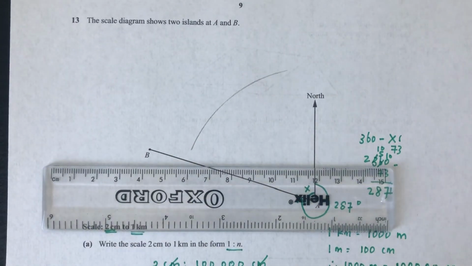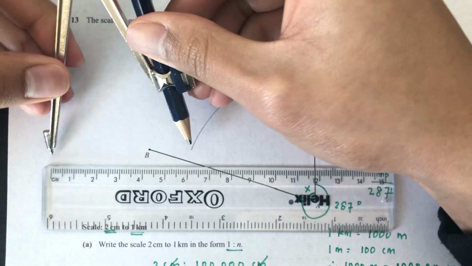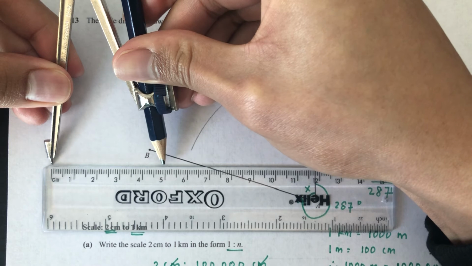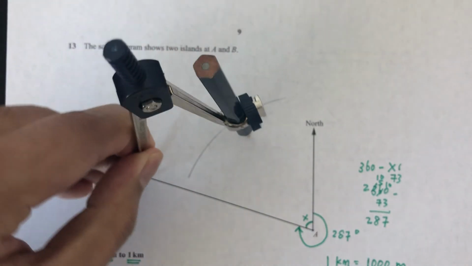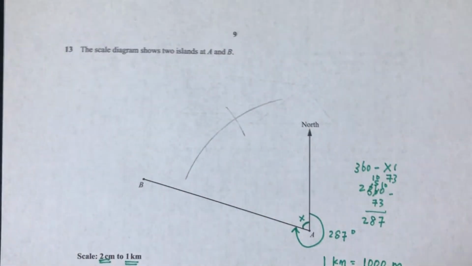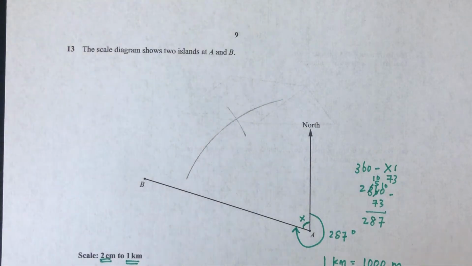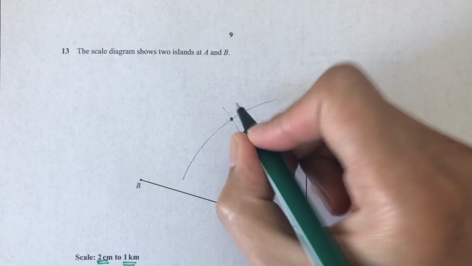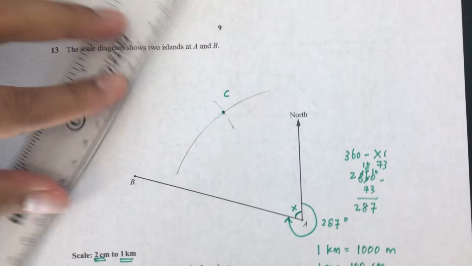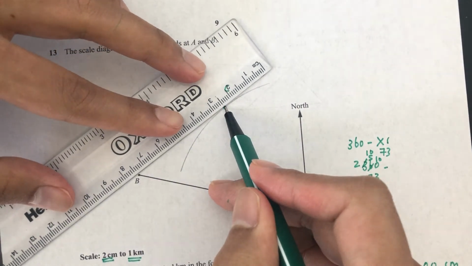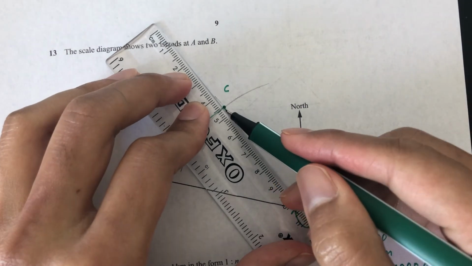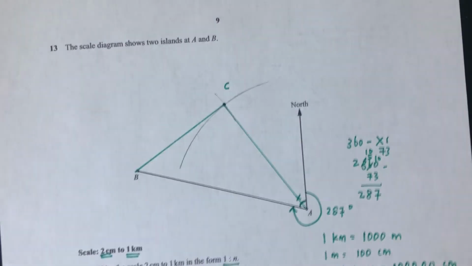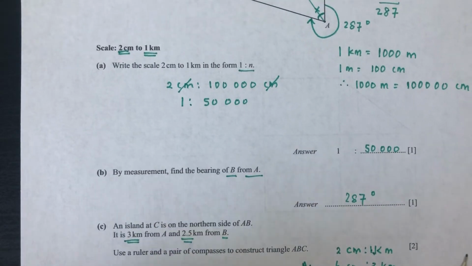And the next step is to take a scale of 5 centimeter from B. So go to point B and intersect the first arc. So here, the point of intersection will be the point C. So we will have to join them to form the triangle ABC as required. So that's your answer for part C.